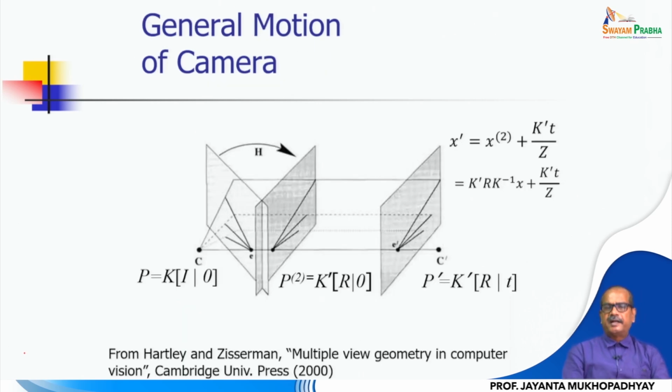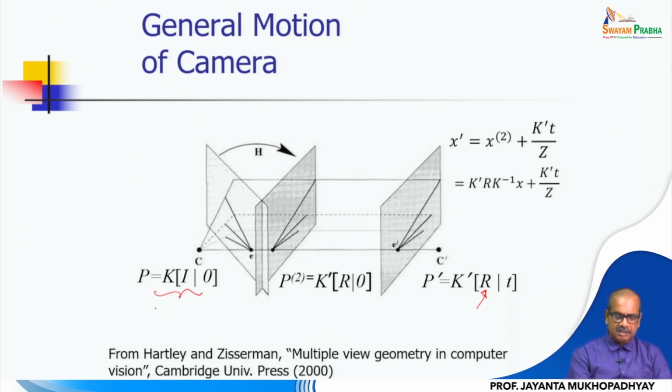Now, let us apply this method for a general motion of a camera. General motion of a camera means earlier we have only considered translatory motions, but let us consider also rotation, which gives the general scenario. So, you have the reference camera. Once again, it is given in this semi-canonical form.